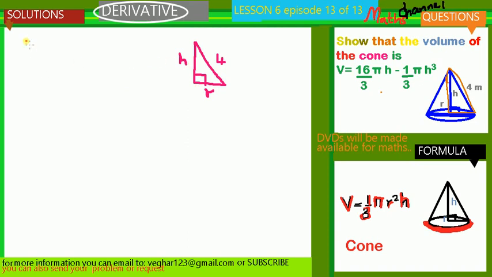So what does the Pythagoras say? The square of one side is equal to the sum of the squares of the other two sides, which is the Pythagoras theorem.